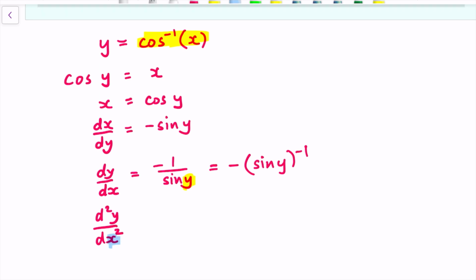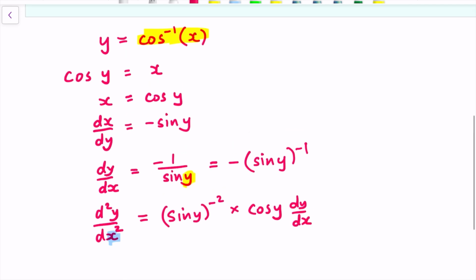So because the expression is in terms of y, it's an implicit expression, I need to use implicit differentiation. So the second derivative, using power rule, I drop the -1 down the front and it cancels off the other negative. I'm going to get sine y to the -2 multiplied by the inner derivative of this expression. The derivative of sine of y is cosine of y times dy dx.